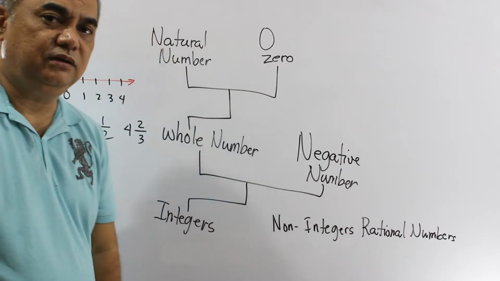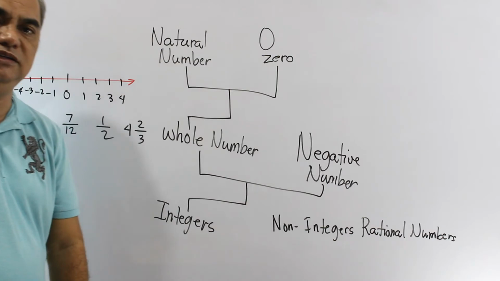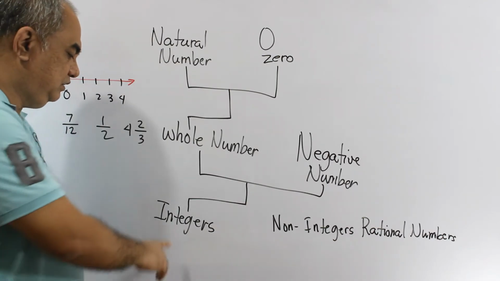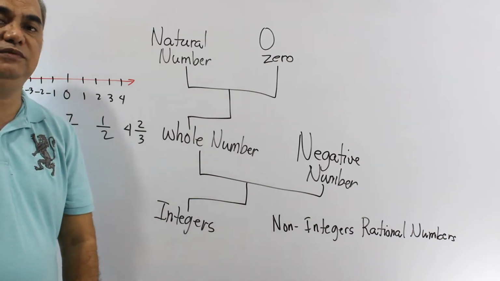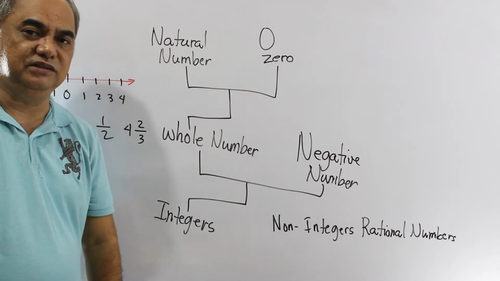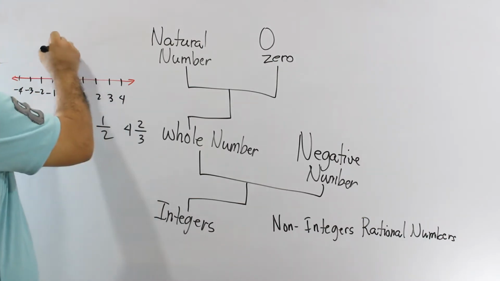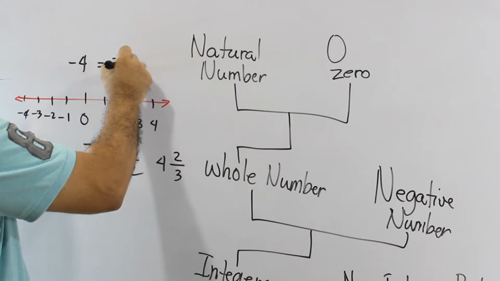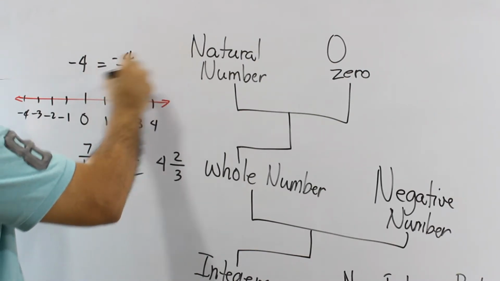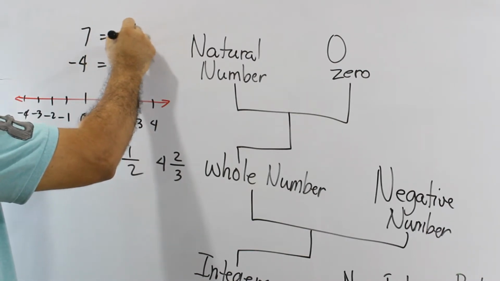So what's the difference? The big difference between integers and non-integers is very simple. Integers can also be expressed as fractions, except that the denominator will always be equal to 1. For example, we write negative 4 as negative 4 over 1, and positive 7 as 7 over 1.